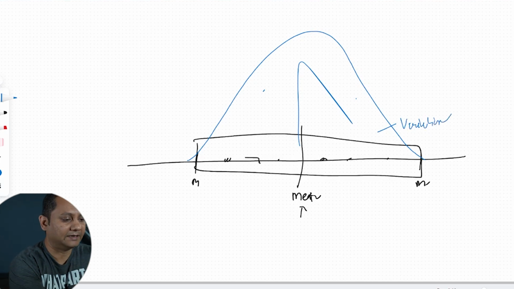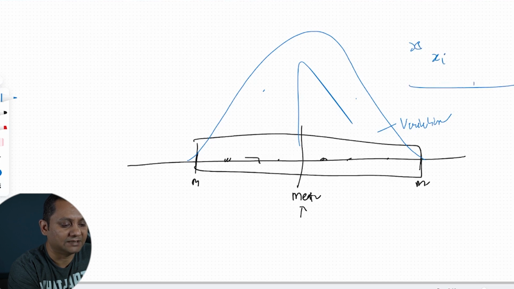Remember, we had x to represent the variable, and every instance of x was xi, and then we said, let's call x bar the mean, which is nothing but you add up all the xi and you divide it by n. This was your mean.